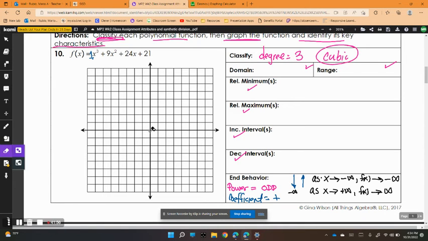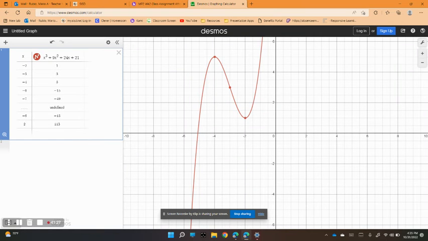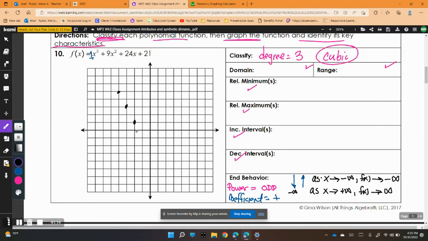Then I'm going to come over here and look for the points: -2, 1, -3, 3, -4, 5, and then -5, 0.